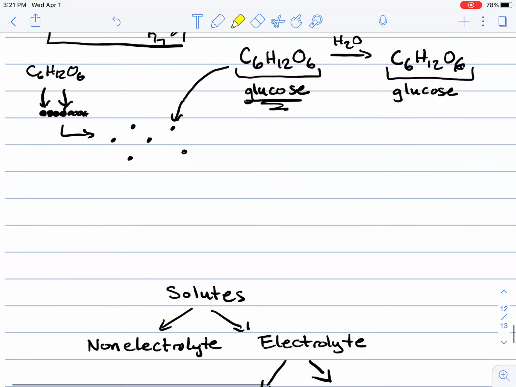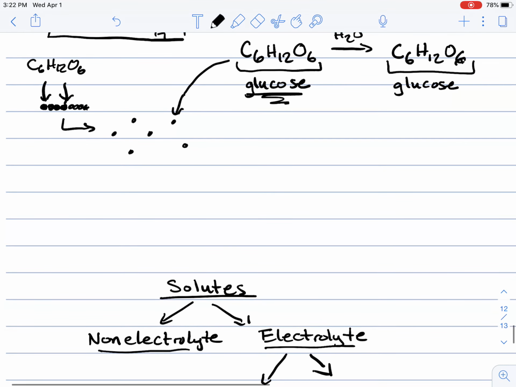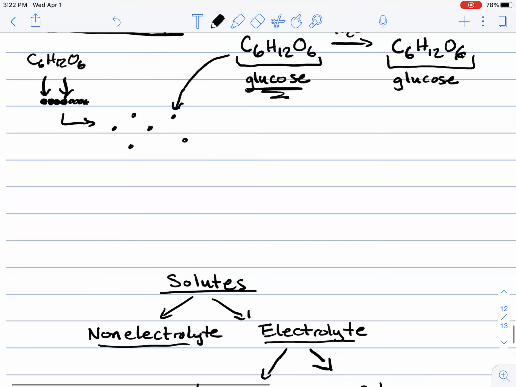Cool. And so let's go ahead and further explore electrolytes. You guys can imagine that solute is like the umbrella topic, so we can create a flow chart. We can classify solutes as either a non-electrolyte or an electrolyte. And it turns out that we can further classify electrolytes based on their relative strength.